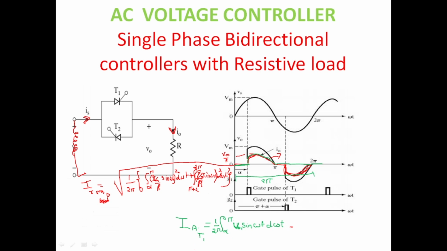So this is equal to 1 by 2 pi. Vm I will keep outside, it is a constant. Sin omega t integration is minus cos omega t, limit alpha to pi. So this becomes Vm by 2 pi.